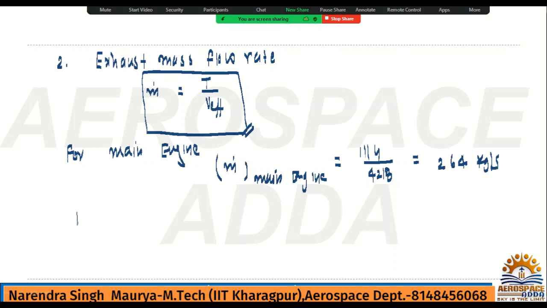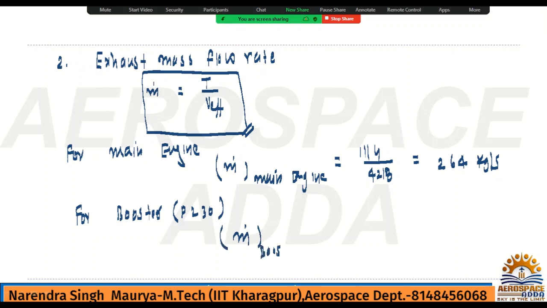Similarly for the booster P230. In this case, if you check the mass flow rate of the booster, what will this value be?